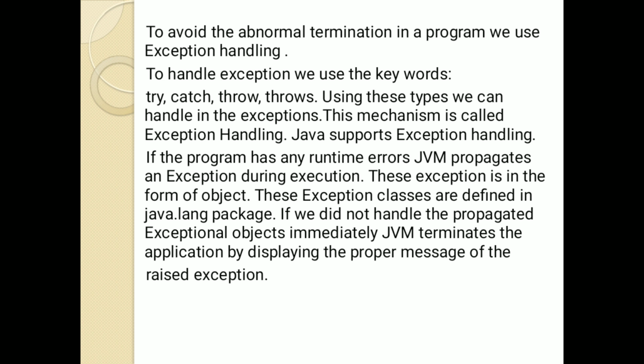To avoid abnormal termination in a program, we use exception handling. To handle exceptions, we can use the keywords try, catch, throw, throws. These are the four keywords we use to handle exceptions.